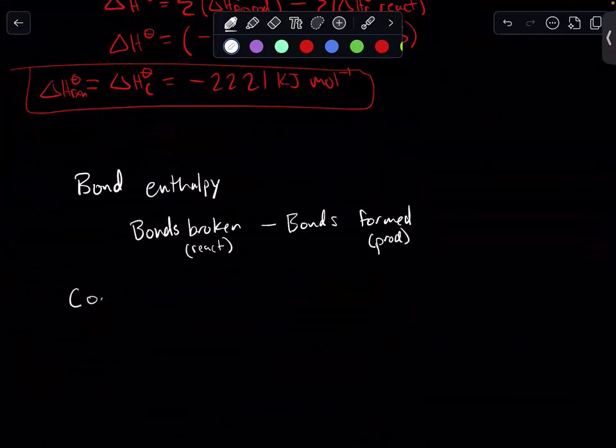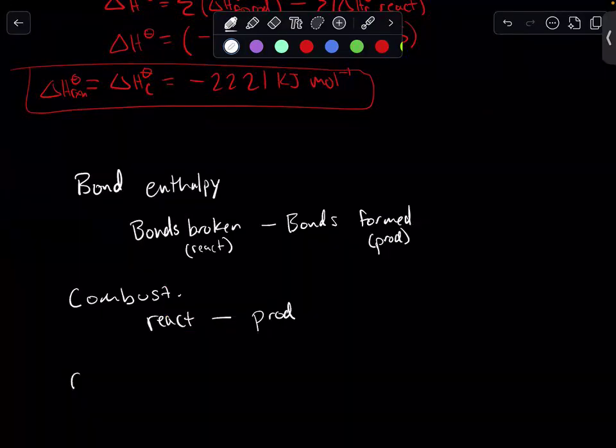If you're using combustion, it's going to be reactants minus products. But if you're using formation, it's going to be products minus reactants.